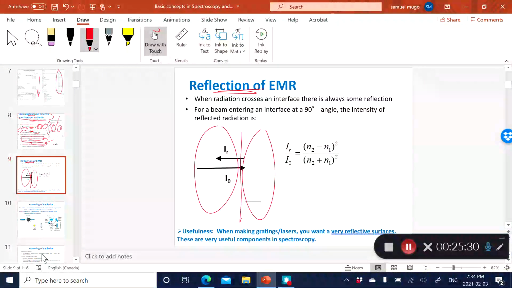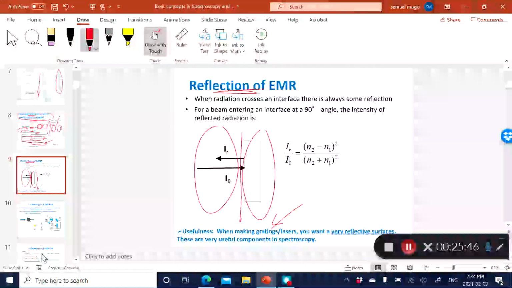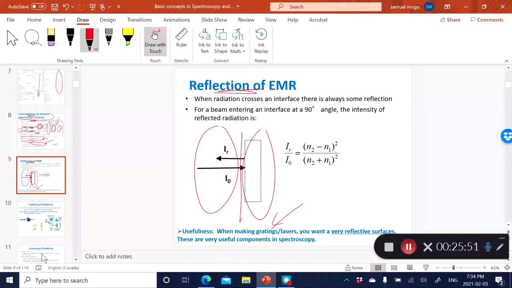It's a very important property, especially for components such as gratings or even lasers, where you want a very reflective surface so that you get very good transmission of light from one object to another. So again, reflection is a very important property for different components in spectroscopy.